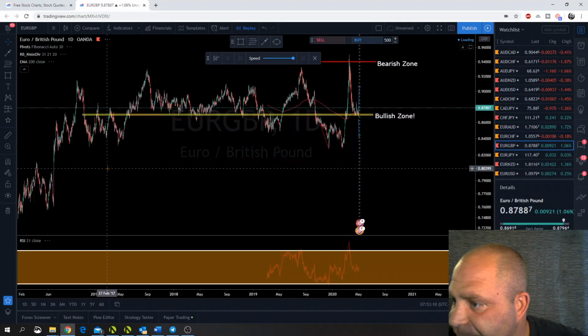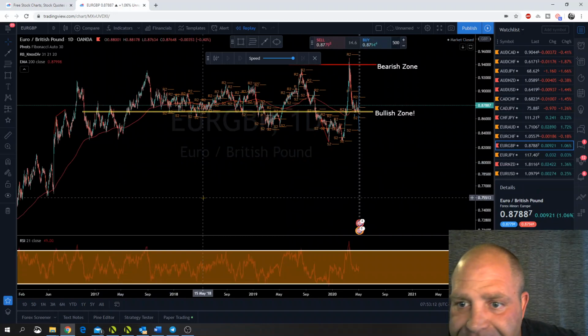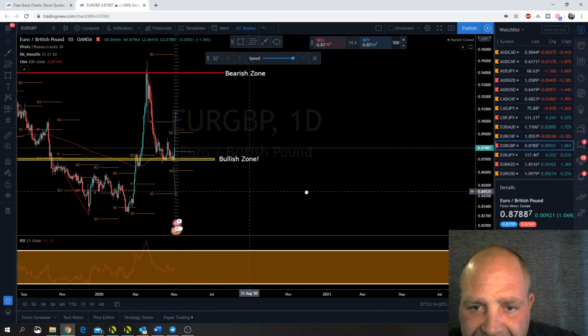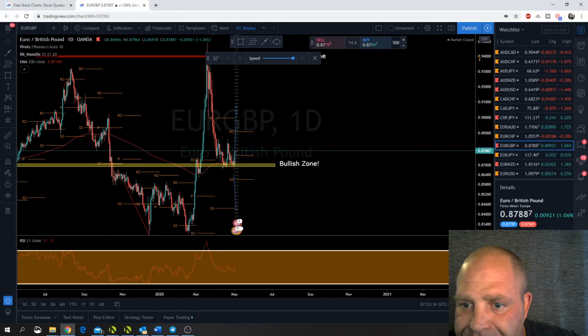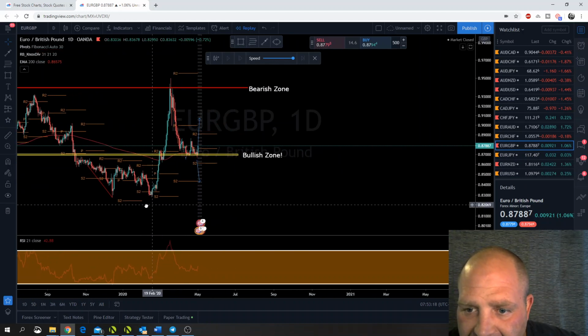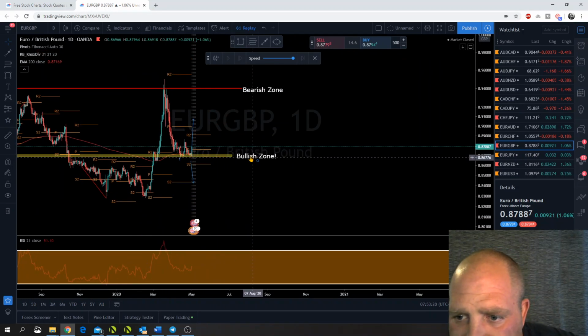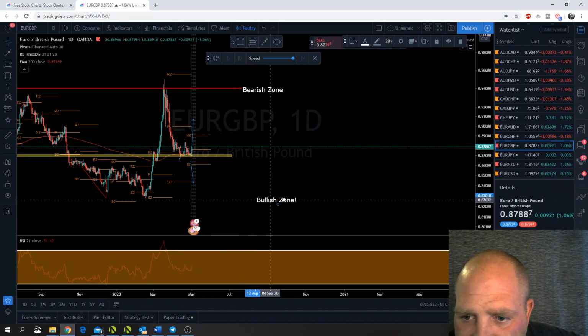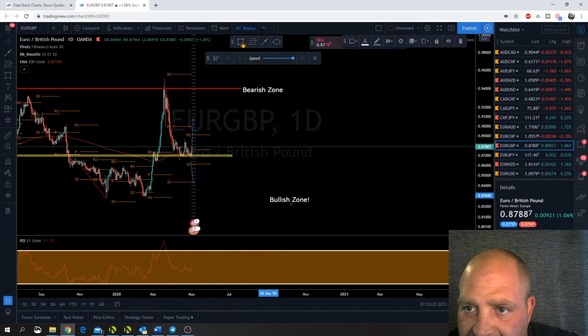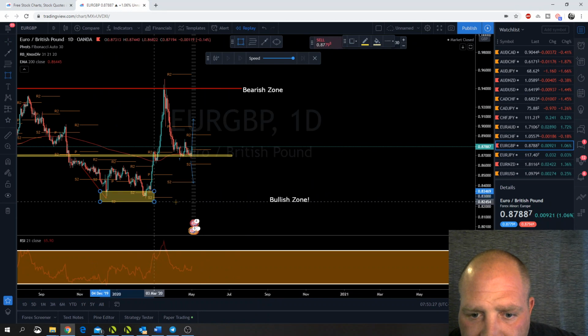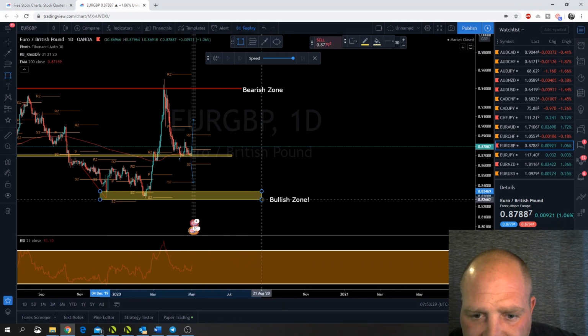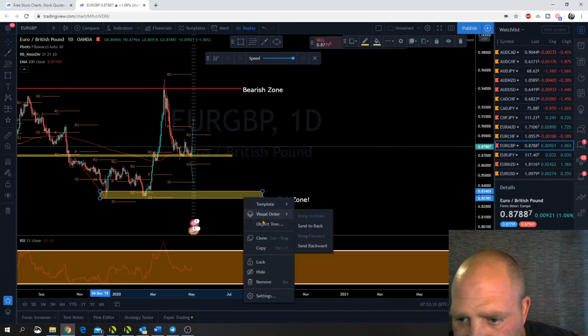All right, Euro GBP. Now we've messed our charts up a little bit. So I got my make or break zone, guys. I like this area as the bullish support.